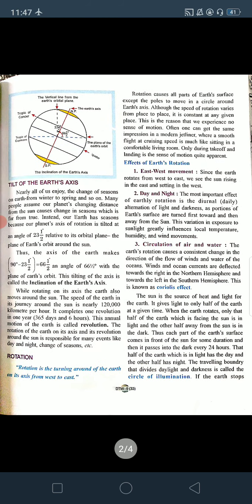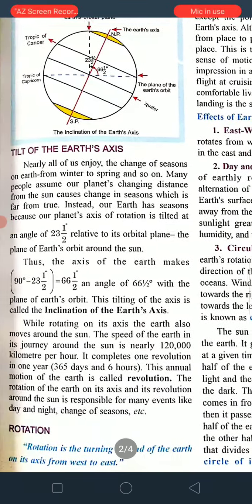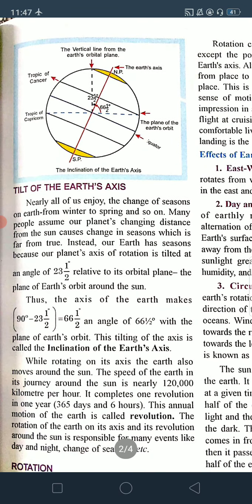Now let us come to the tilt of the earth's axis. What is the effect of this tilt on the phenomena taking place on the earth? We all enjoy the seasons changing on earth from winter to spring and so on. Many people assume that our planet's changing distance from the sun results in the changing of seasons, which is far from true.